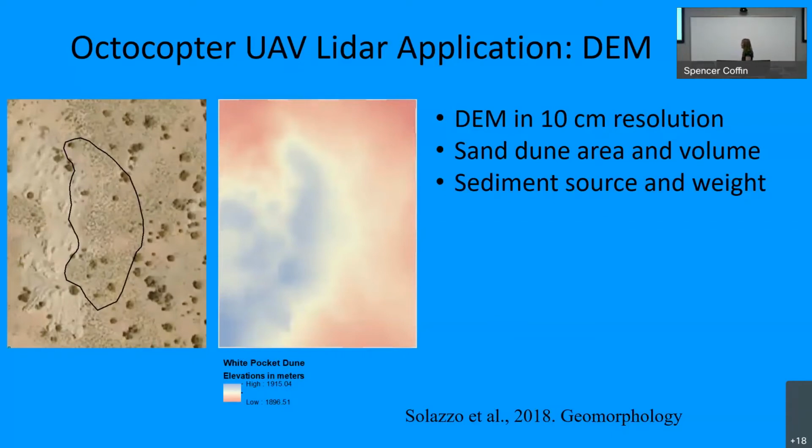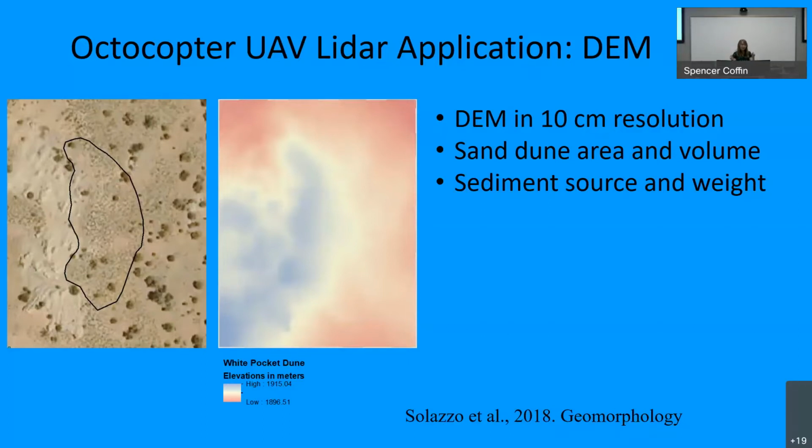So here I'm showing a sand dune in this digital elevation model that is depicted here in true color composite in this polygon. We were creating high resolution DEMs for all these sand dunes on the Trier Plateau right above East Ferry, as a main sediment source for the Colorado River, as these sand dunes flow downwind into the Colorado River.